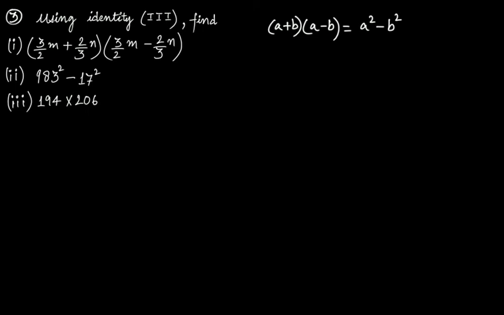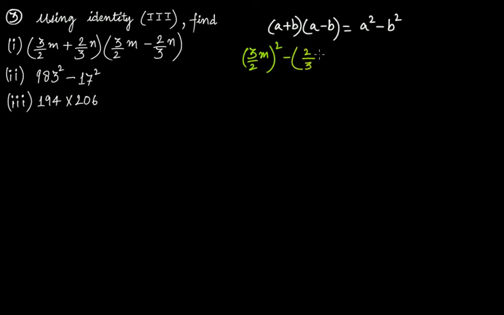Now, if you solve this one, at a you have 3/2m and at b you have 2/3n. So, (a + b) multiplied by (a - b), so a squared minus b squared. So, a squared becomes (3/2m) whole squared, minus, what's b here?